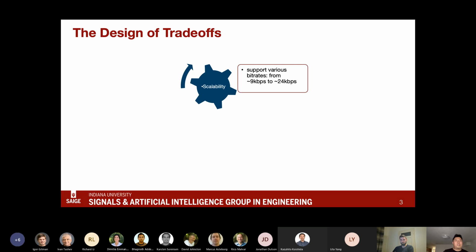So the design of this codec is not an easy task because we have to make many trade-offs to make this happen. A good codec is expected to be scalable. We don't want a codec that can only function at a specific setting. For instance, when we don't have enough computational resource, it should perform reasonably well at, for example, 9 kbps.